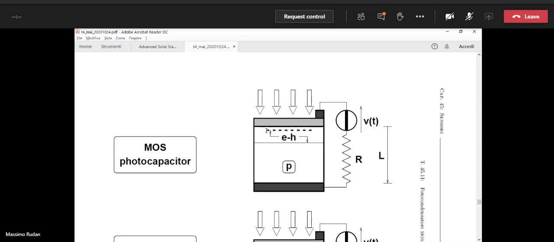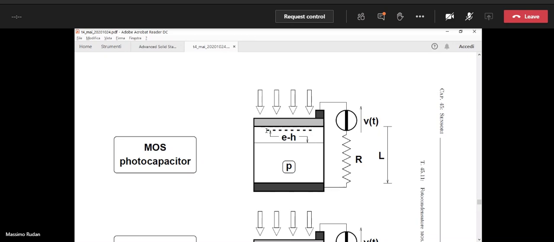So there is a layer of electrons that is initially attached to the surface with no field keeping it in place. So these electrons, of course, start diffusing into the substrate. The electrons diffuse into the substrate, and at the same time they recombine with the holes.